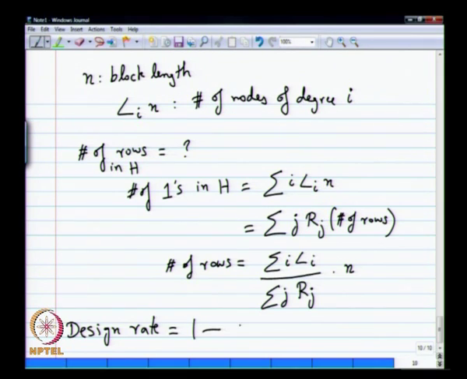Is 1 minus number of rows by n, and that is 1 minus summation i Li divided by summation j Rj. Okay.